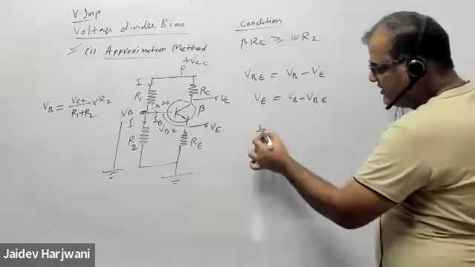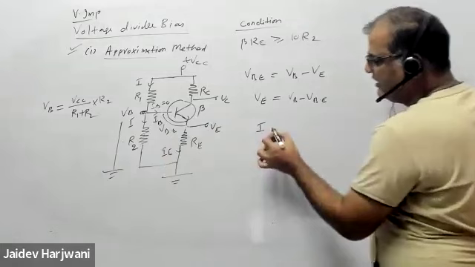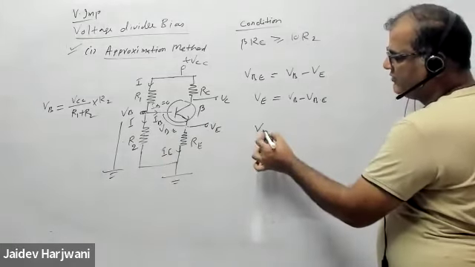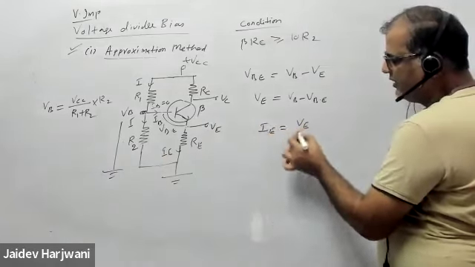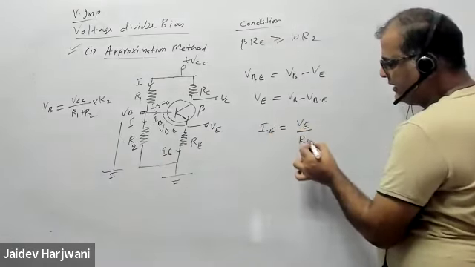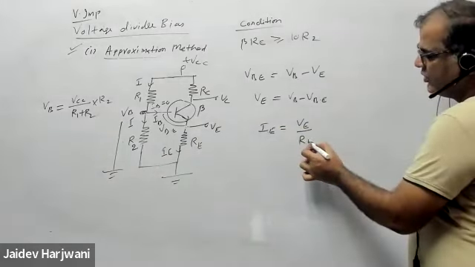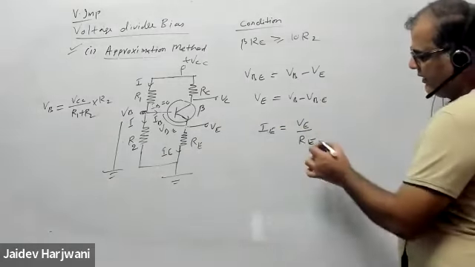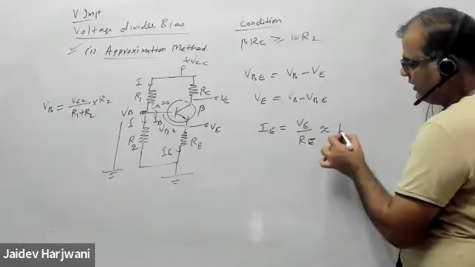Now once you know the VE, you can find what is IE flowing here. IE equals VE by RE. So now you know the IE. You don't require beta here. And similarly, if you know IE, you know IC.